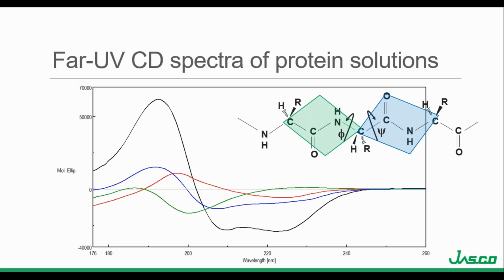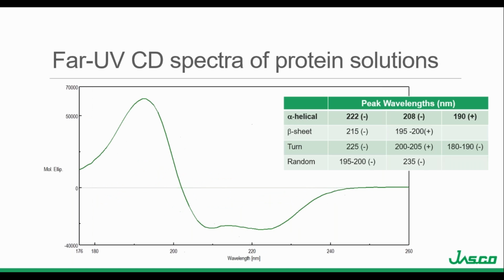The far UV CD is sensitive to changes in the protein backbone bond angles and can be used to estimate secondary structure components. There are 4 different secondary structure components that contribute to the CD spectrum of the far UV, and they're alpha helical, beta sheet, turn, and random coil or unordered, and each component has some characteristic marker bands.